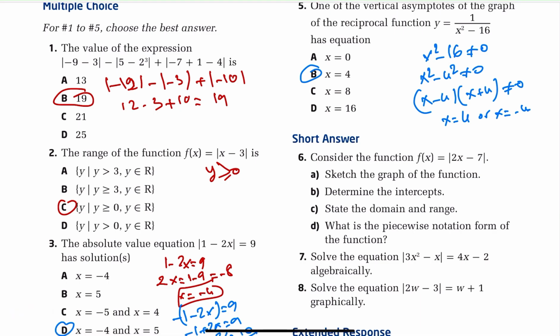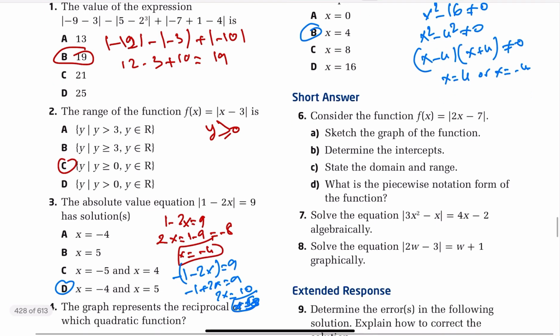Short answer, question number 6. Consider this function, and sketch the graph of the function. To sketch the graph of this function, you only need to apply some values.